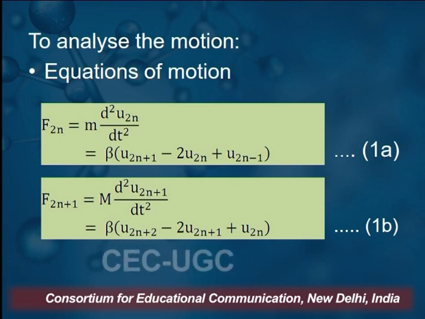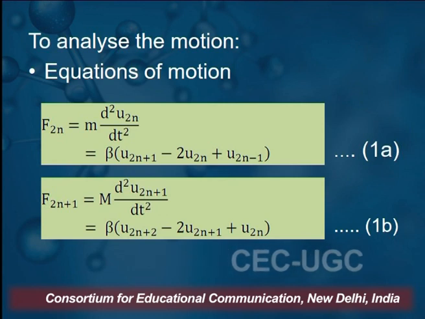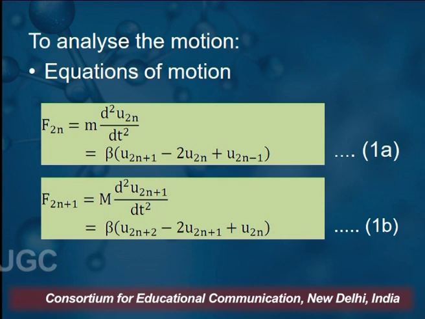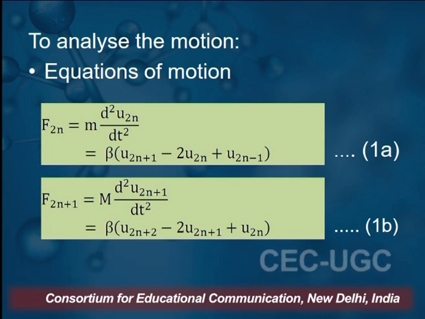Because we are considering a diatomic lattice consisting of two different masses, small m and capital M, we have to write two different equations of motion. This will be equal to beta times u2n plus 2 minus u2n plus 1 minus 2 u2n plus 1 plus u2n.